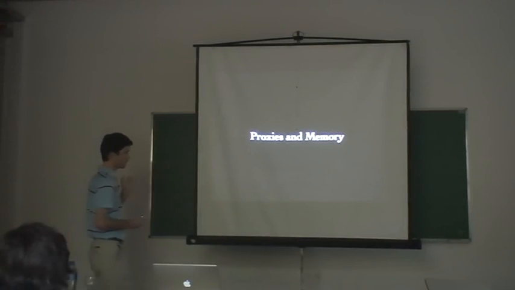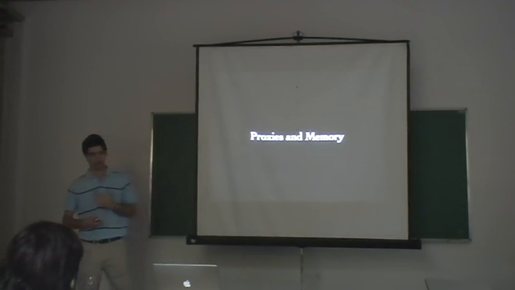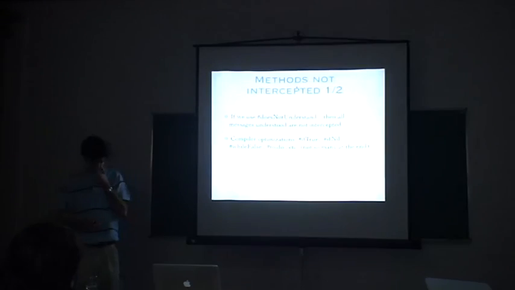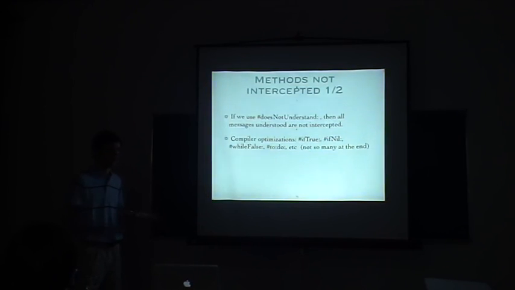Now if we talk about the proxies and the memory usage regarding them, the first thing is: how do we implement proxies? The first approach we always see in Smalltalk is to use doesNotUnderstand. That's the obvious solution. The problem is that, first, with doesNotUnderstand, only the messages that are not understood are intercepted.